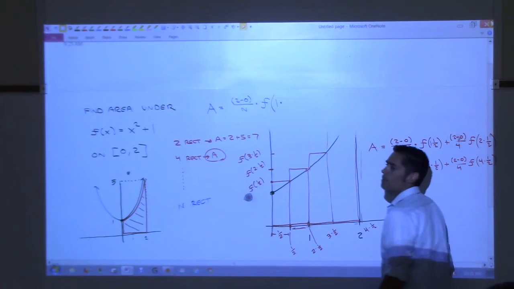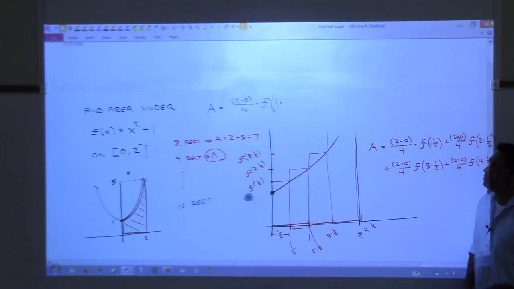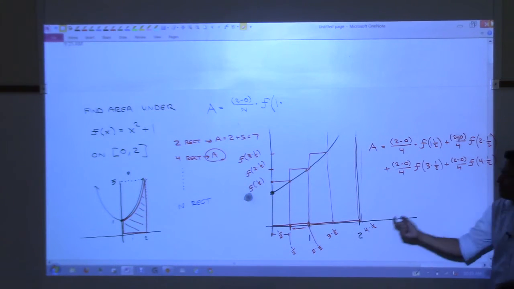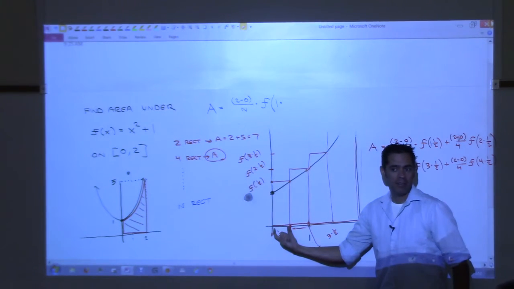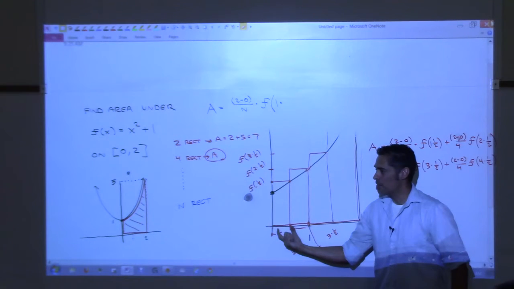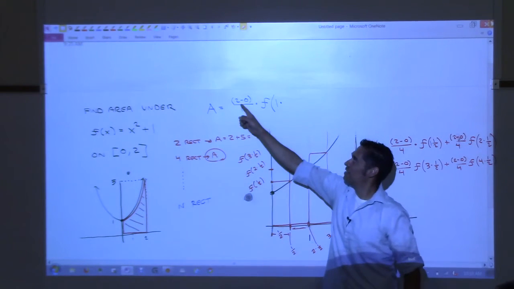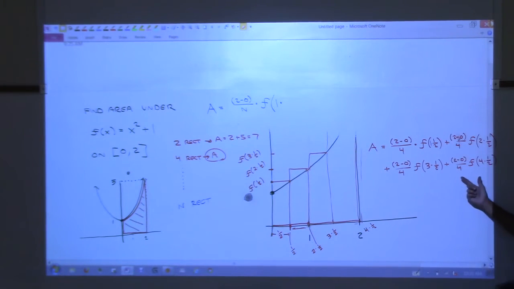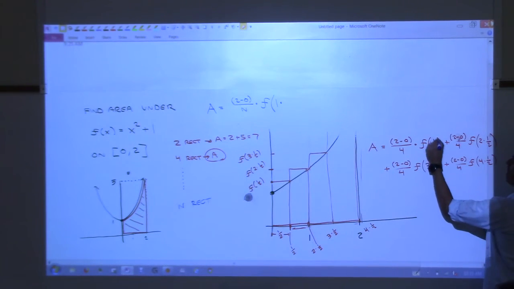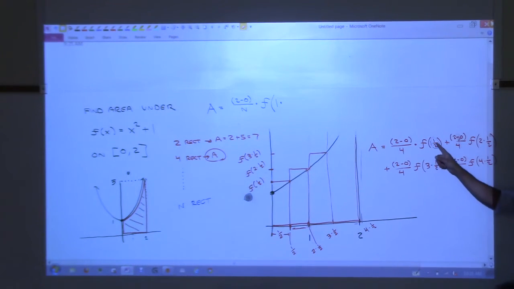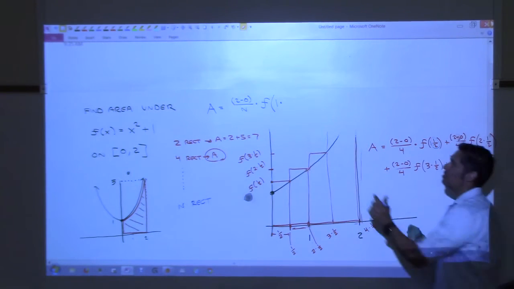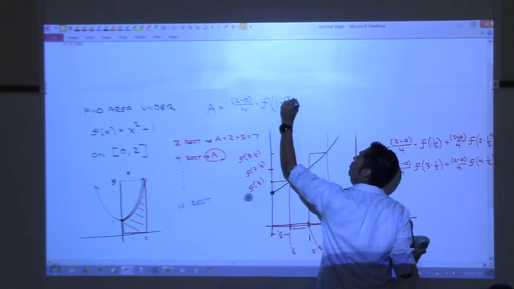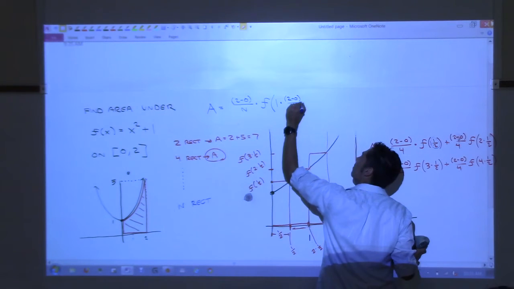So I should have, first of all, 1 of those jumps. What's my first jump? Well, it was 1/2 here because they were each 1/2 wide. How wide are each of these? 2 minus 0 over n again. This 1/2 was actually 2 minus 0 over n, or 2 minus 0 over 4 in this case. So this is one of those 2 minus 0 over n's.